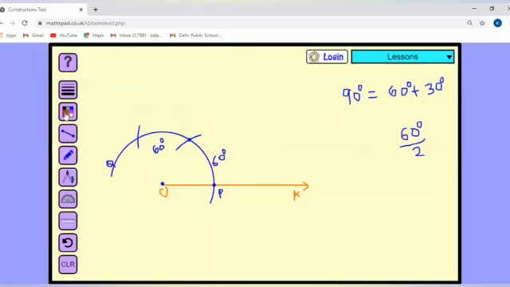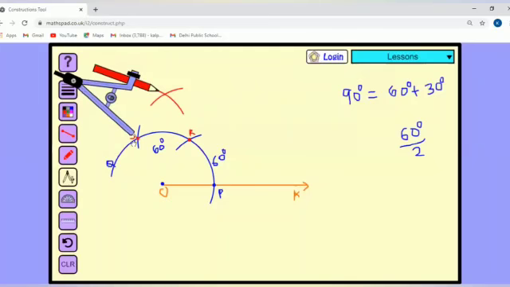So for this, I will name this as R and S. Now taking R as center, draw an arc. Now taking S as center, cut the previous arc.